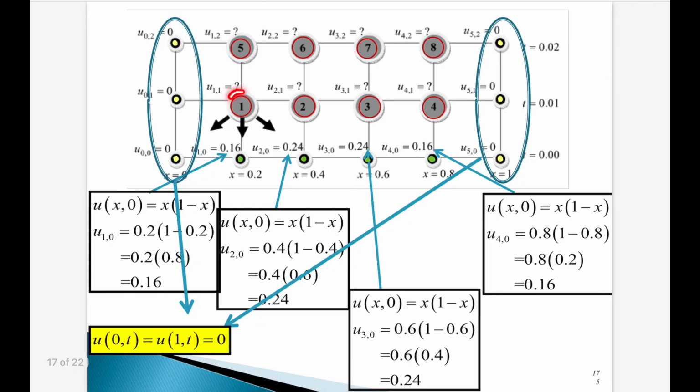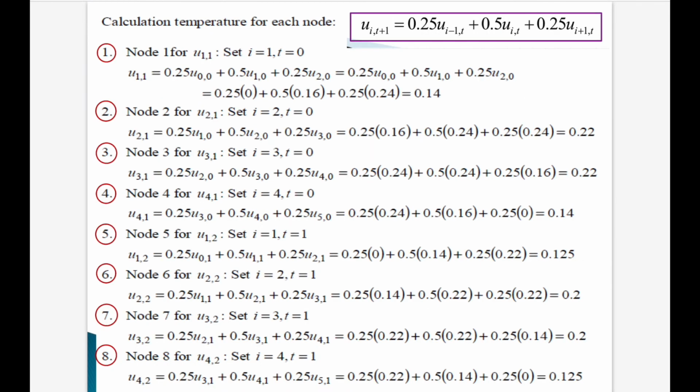So the value of temperature here is equal to 0.14. So you will use the same calculation for each of these nodes, the red points. So this will be your answer. Okay, the first node, second node, point number 3, point number 4, point number 5, 6, 7, 8.